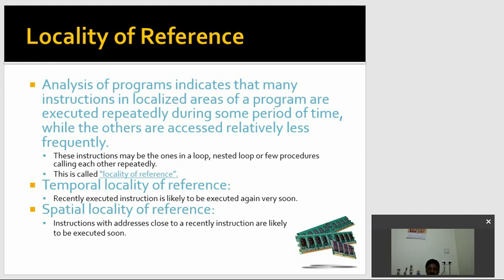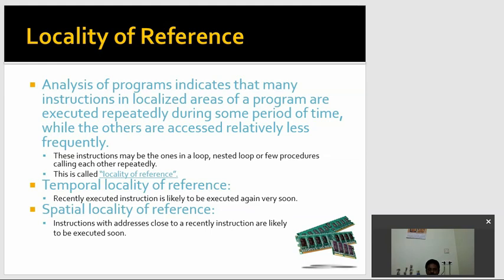The best example for this is loops, where the same data is repeatedly executed n number of times. These instructions may be in a loop or a nested loop or a few procedures calling each other repeatedly. This is called locality of reference.